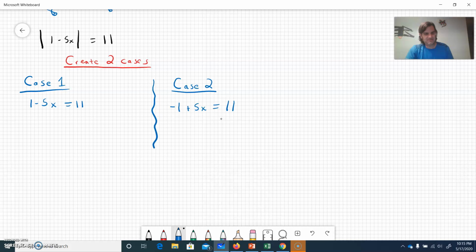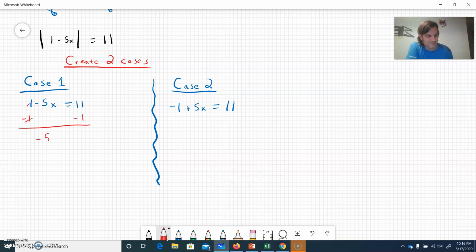Now we will solve both just like regular linear equations. Let's focus on case 1. No fractions, no parentheses, like terms are already collected, so we're going to add and subtract. I'll subtract 1 from both sides.